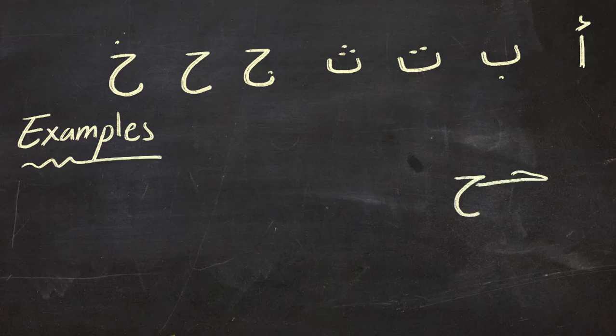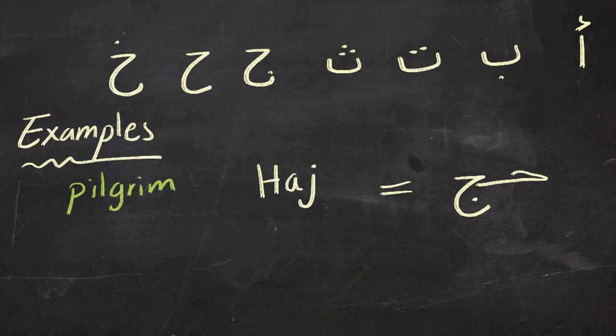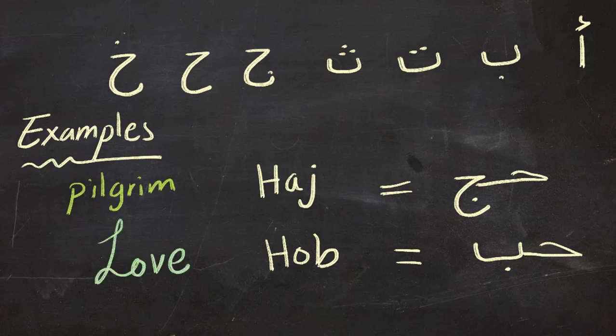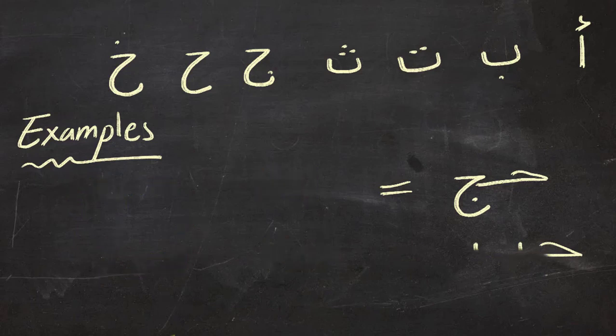So, first example is Hajj. Hajj means pilgrim, as you can see. Next word is Hubb. Hubb means love. Now, let's have a look at another set of examples.